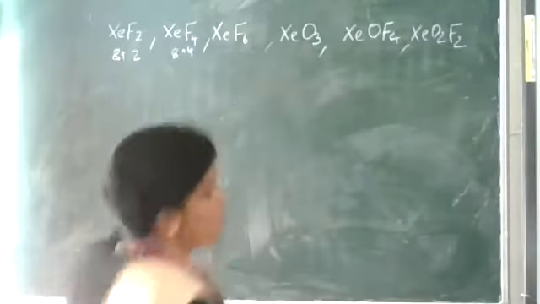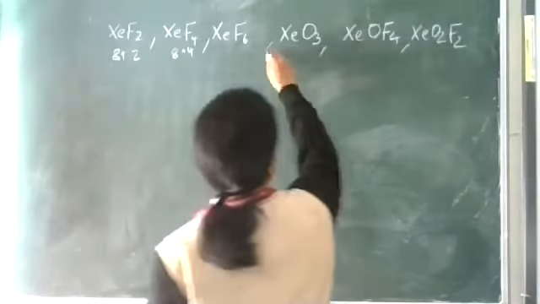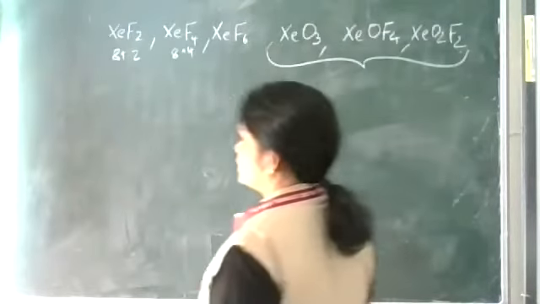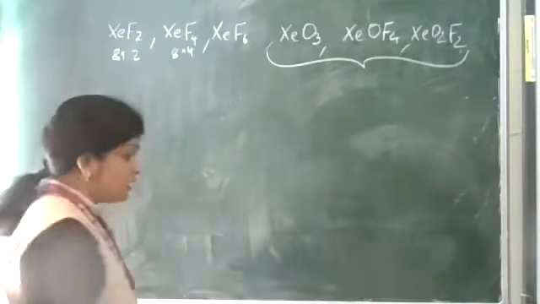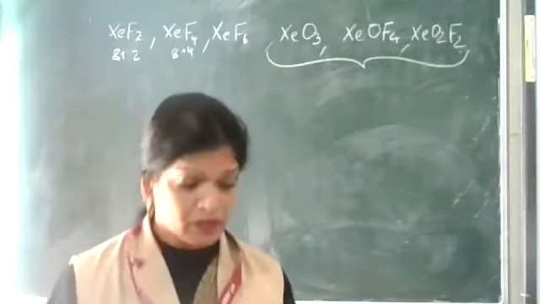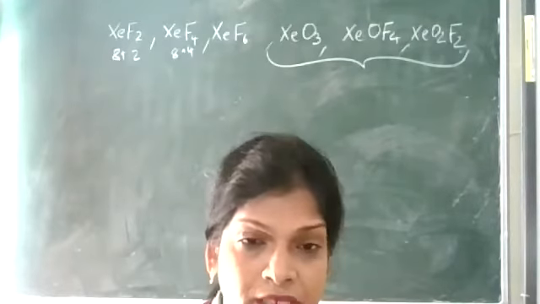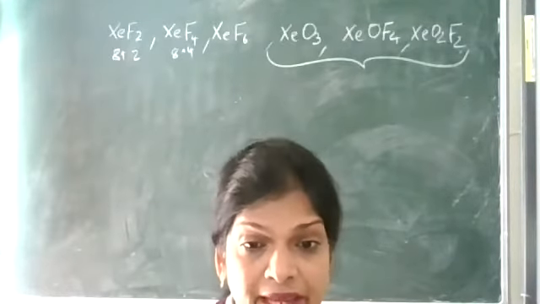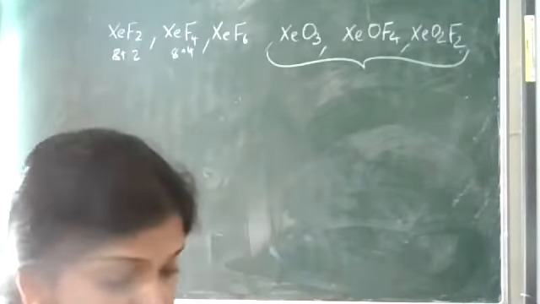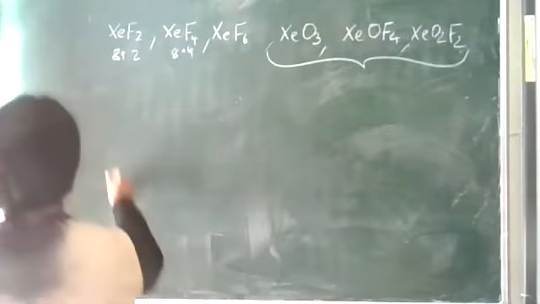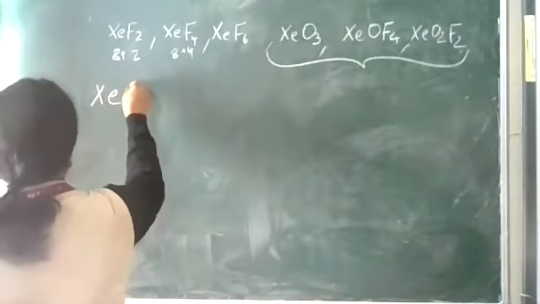Now we are going to the oxyfluorides. How are these oxyfluorides obtained? These xenon oxygen compounds are obtained from XeF4 and XeF6.